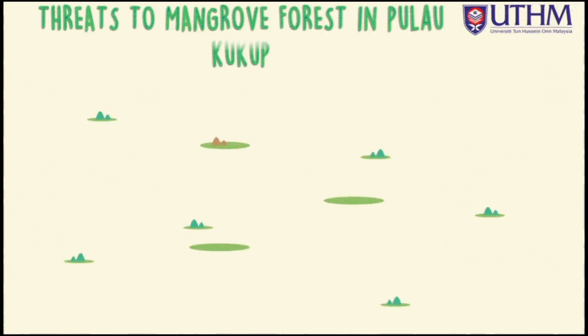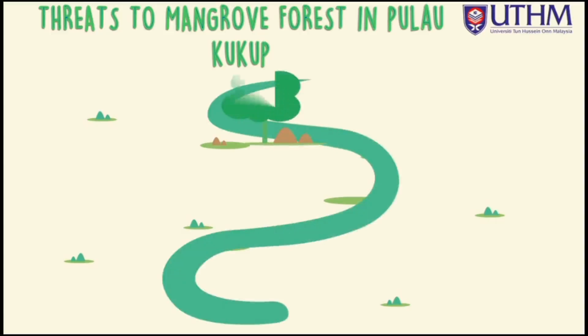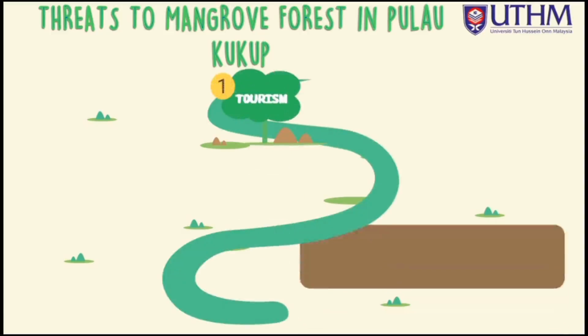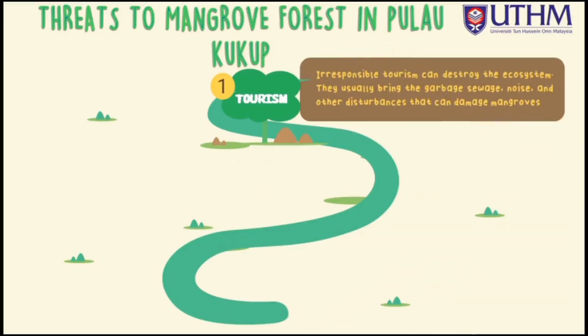The threats to mangrove forests in Pulau Kukup. First, tourism. Irresponsible tourism can destroy the ecosystem. Tourists usually bring garbage, sewage, noise, and other disturbances that can damage mangrove forests.